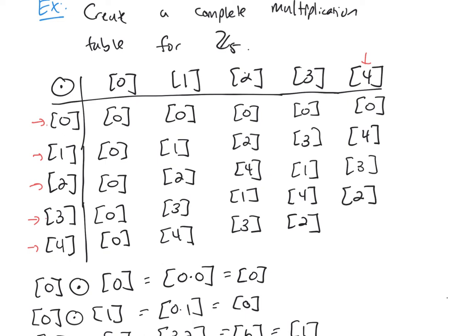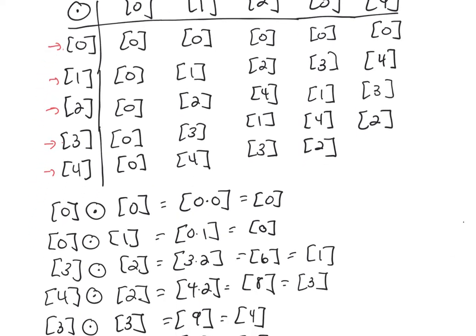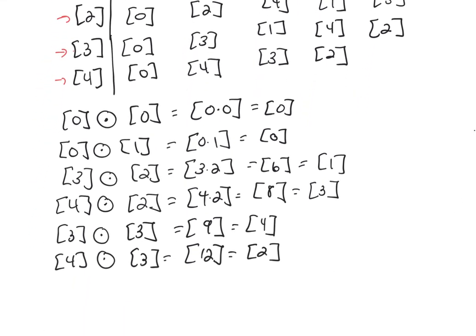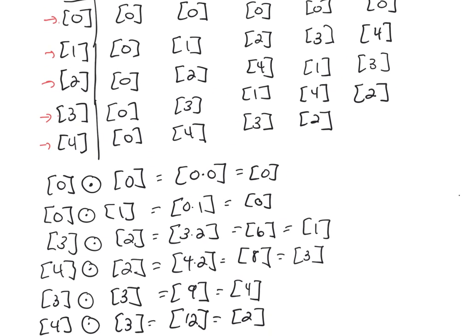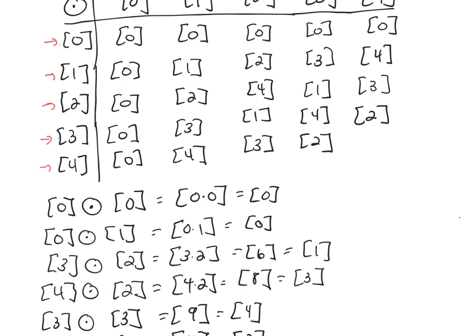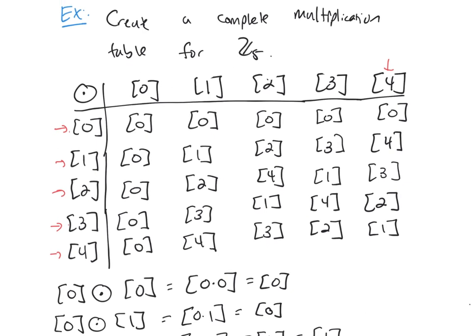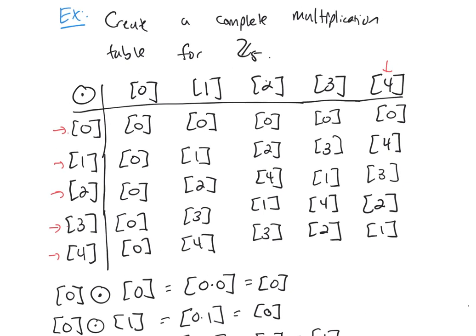And then finally, if I look at that last one, I have 4 times 4. That is 16. The remainder when I divide by 5 would be 1. So now this would be my multiplication table for Z5.